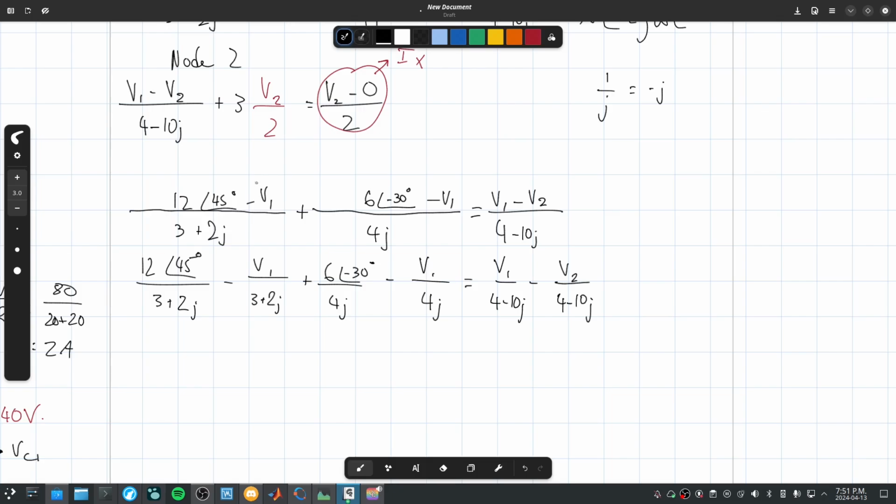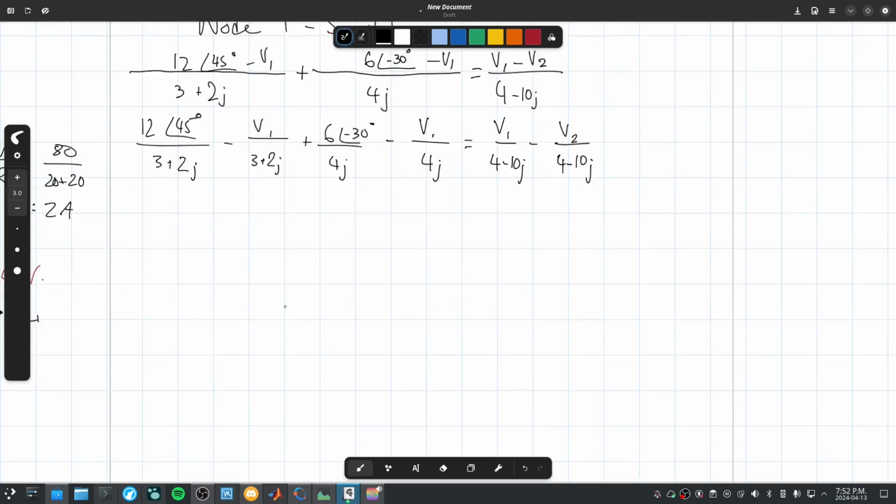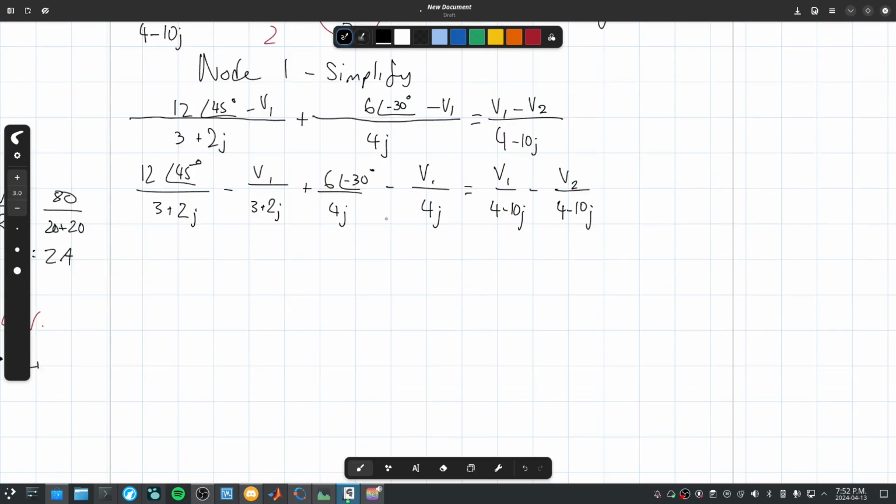This is node 1. So we split it up into these terms. And now we move the constants to one side and all of the ones with voltages in them to the other side.